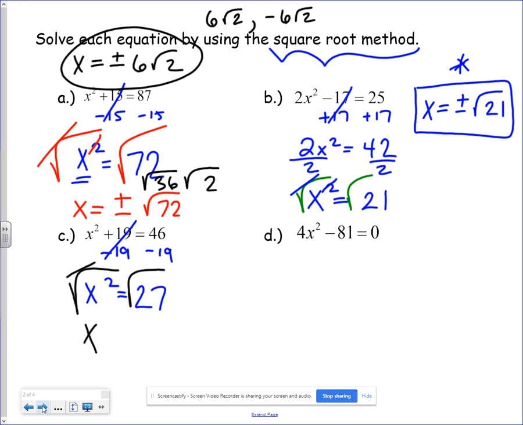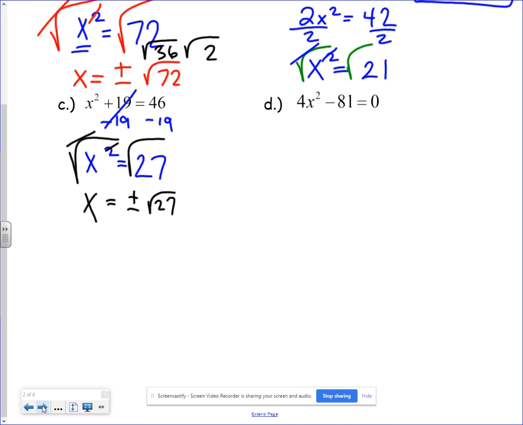So x is equal to plus or minus the square root of 27. Can the square root of 27 be reduced? Does 27 have a perfect square that divides into it? It does. 9 goes into it 3 times. So my final solution is x equals plus or minus 3 square root of 3.